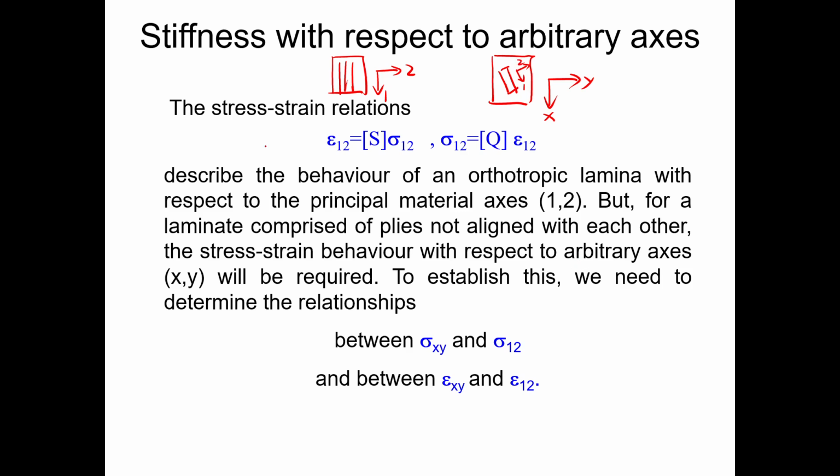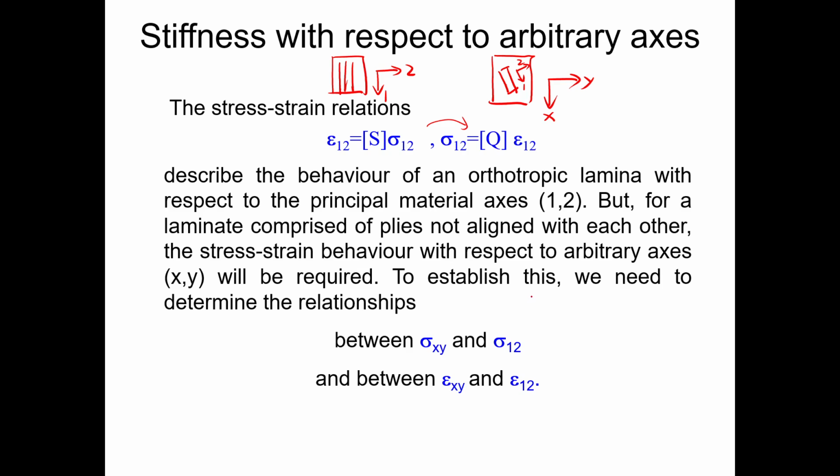So the stress-strain relation can be written as epsilon 1, 2 equal to S sigma 1, 2, and similarly Hooke's law: sigma 1, 2 equal to Q stiffness matrix times epsilon 1, 2.